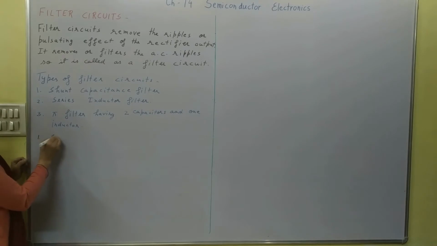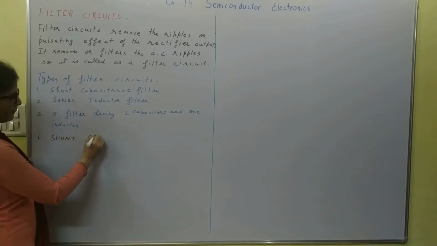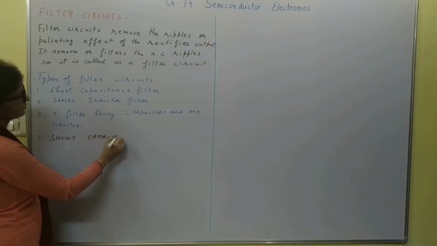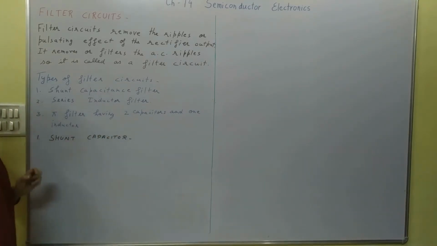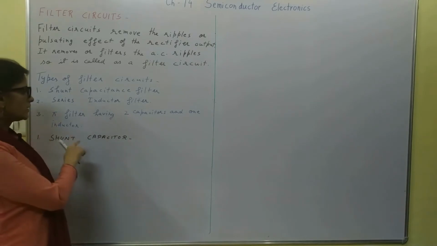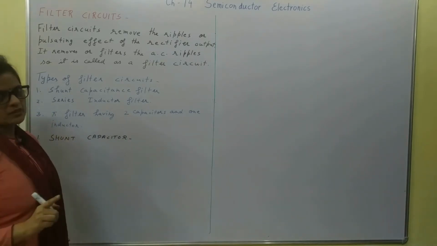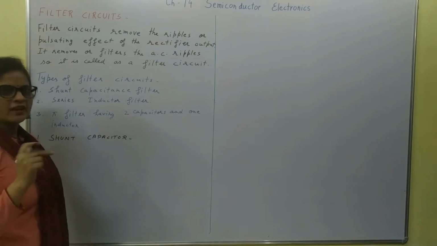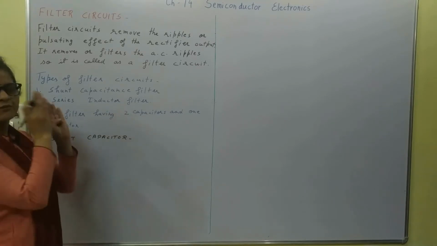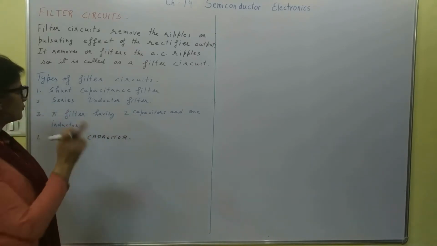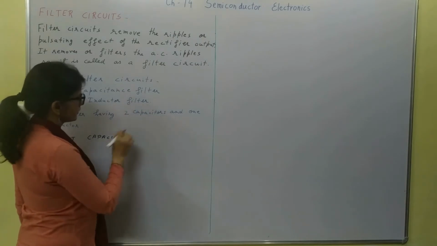So first is your shunt capacitor. Here what is done is that a parallel capacitor is connected across the load resistance in the output of the full wave rectifier. So what is done here?